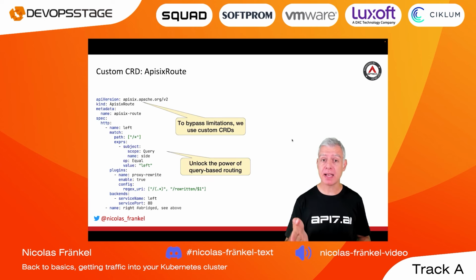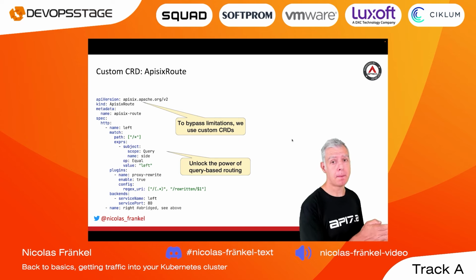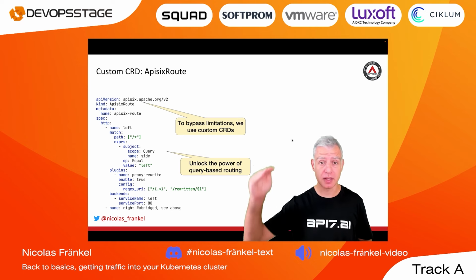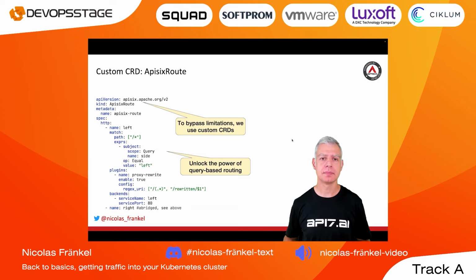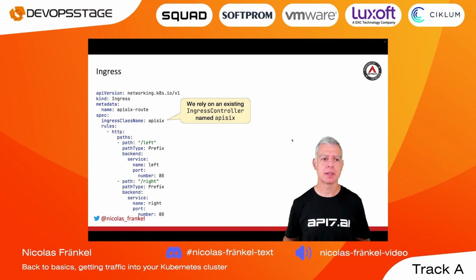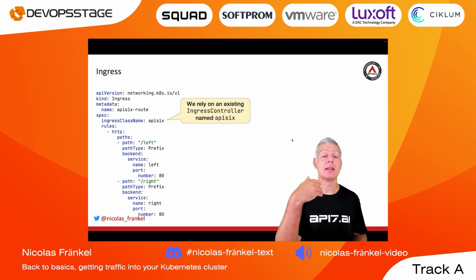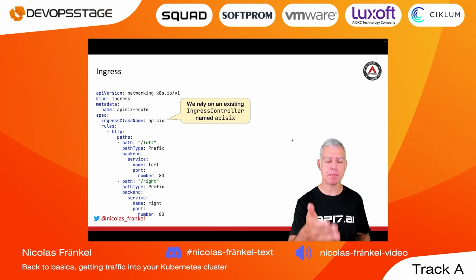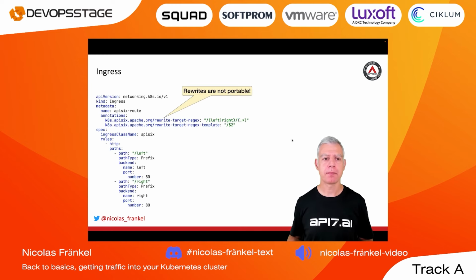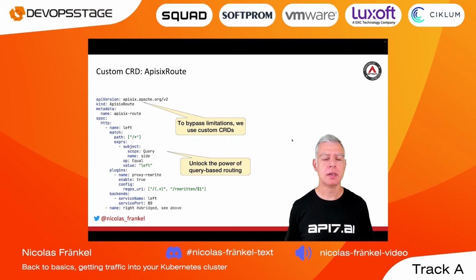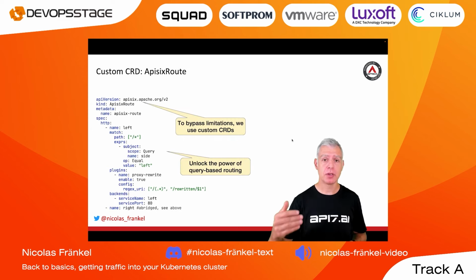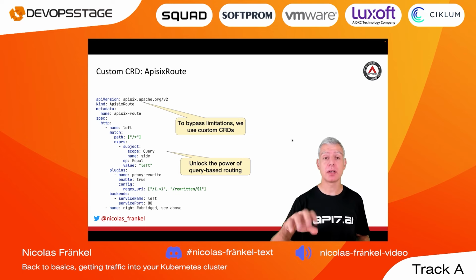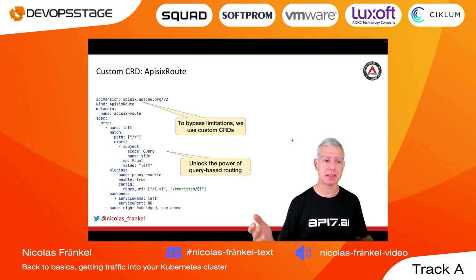And finally, we can bypass those two limitations by not using regular configuration of the routes in the Ingress. So here you can see I'm using the configuration of the Ingress, but I want to bypass those limitations. Depending on your implementation, you might have custom CRDs, and you probably have. So here I'm using the one for Apache API 6 called API 6 routes.